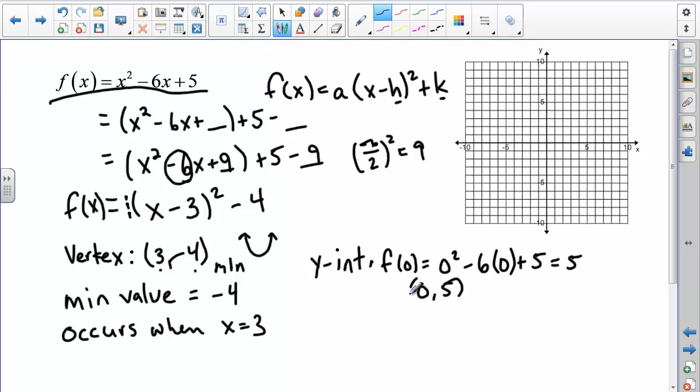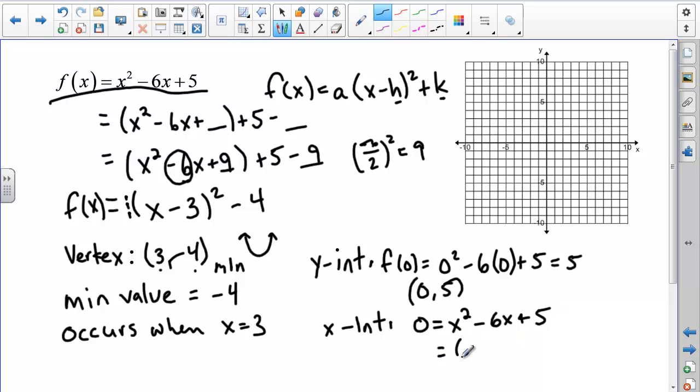And we also go back to the original function to find the x-intercepts. And so I go here and I say, all right, x-intercepts. An x-intercept happens when we let f of x equal 0. So we have x squared minus 6x plus 5 equals 0.